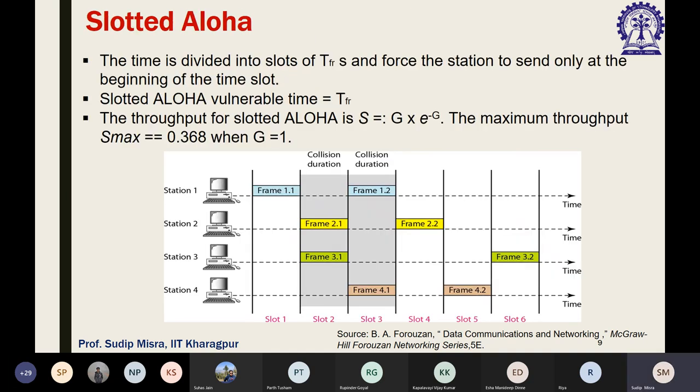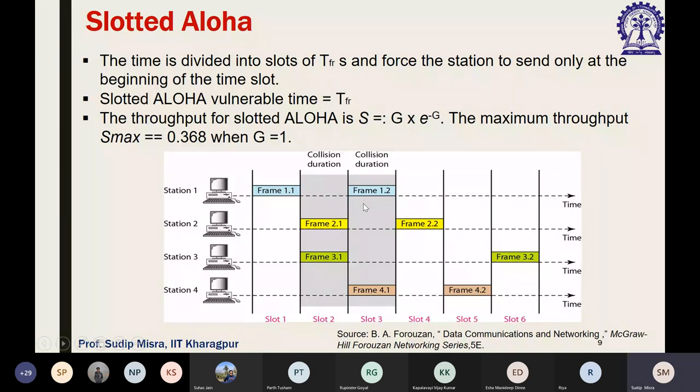Then comes slotted Aloha. Slotted Aloha is better. In slotted Aloha, the suggestion is that instead of trying to send at the same time, the stations will be disciplined this way. The entire time duration is slotted.